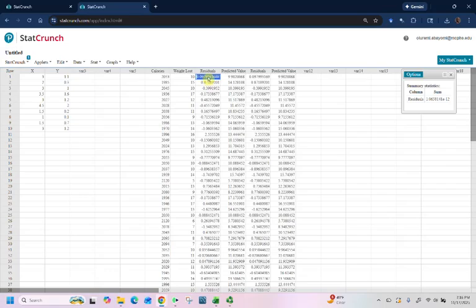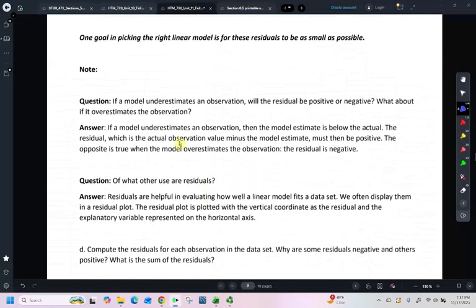So positive residuals mean under prediction, whereas negative residuals mean over prediction, because what was predicted is more than or over the 10 that it actually is. All right, so that is what I'm explaining here. So when you have underestimation or under prediction, then the residual is what? Is positive. And when otherwise, when you have over prediction, the residual is negative.